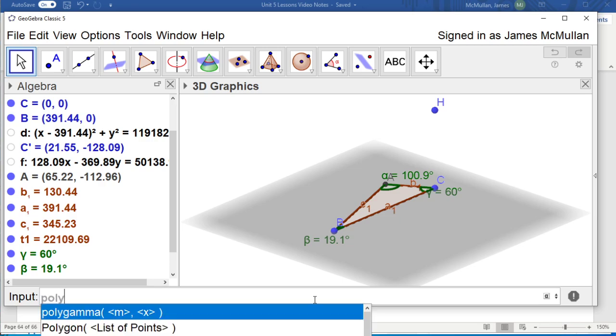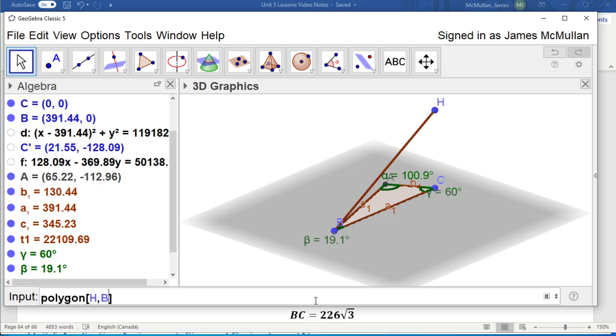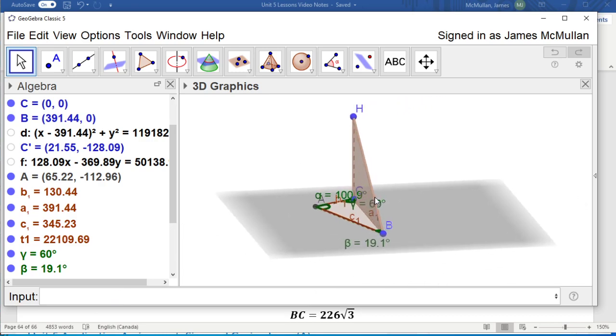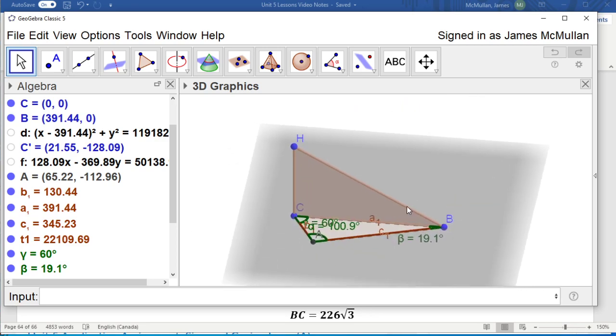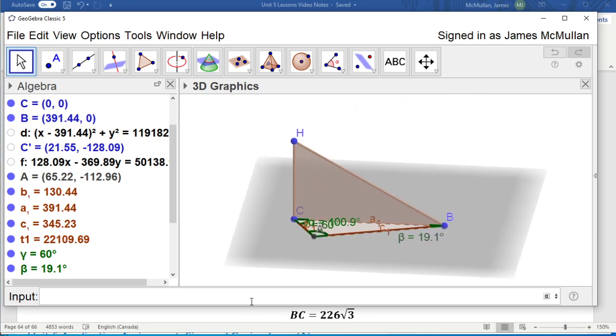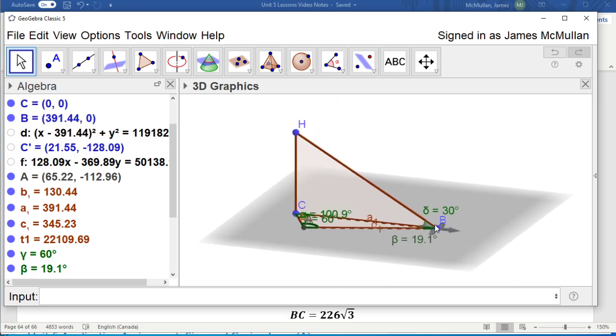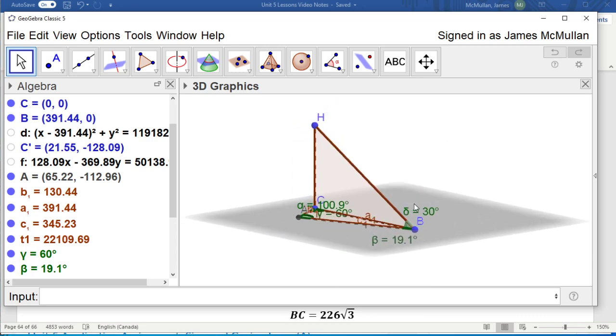Let's make another polygon, HBC. So that would be the one that we used to solve, right? And the angle here, angle CBH, should be 30 degrees, which is what the question said, right? So that little angle there pointing upward is 30.